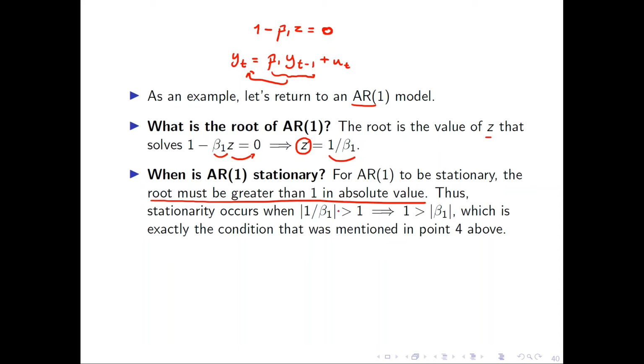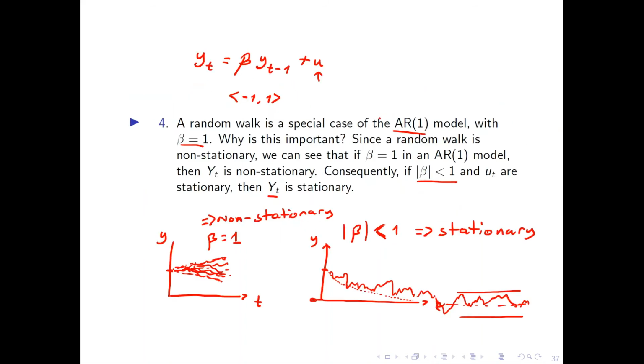It's when the beta is below 1 in absolute value. So this occurs when 1 is greater in absolute value than beta 1. And this is what we mentioned in point 4, if we get to point 4 above.